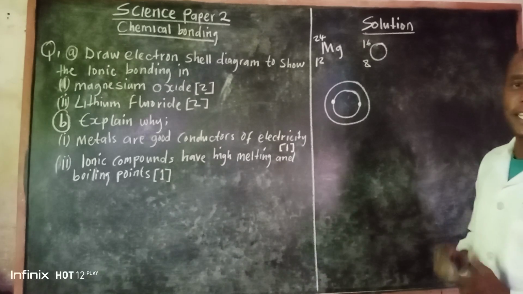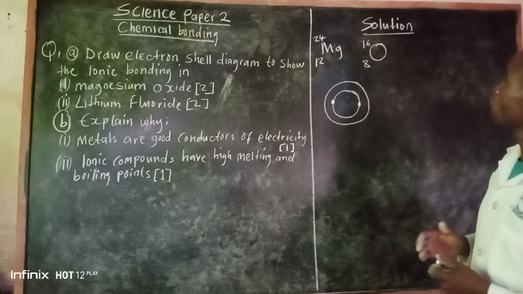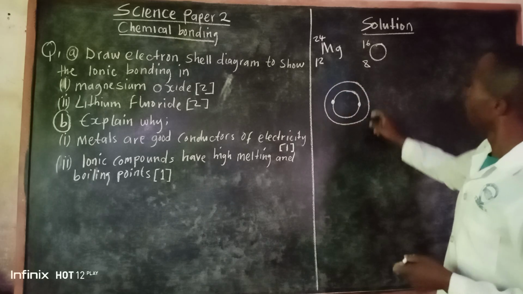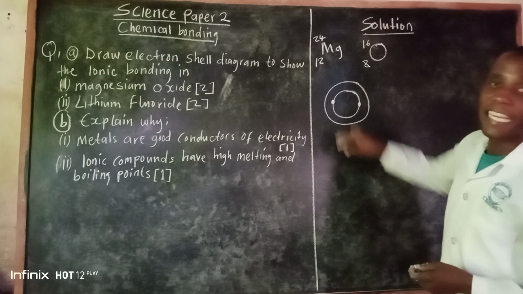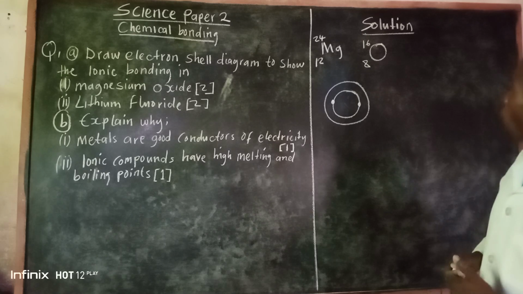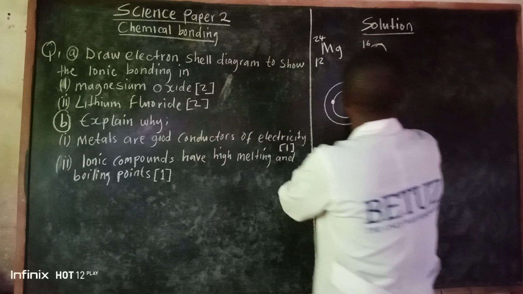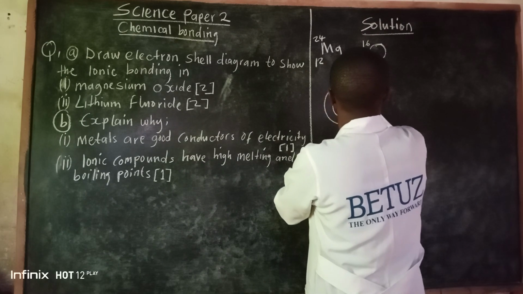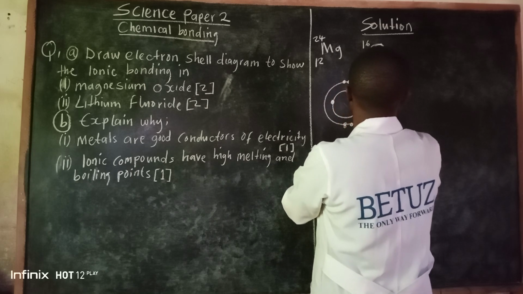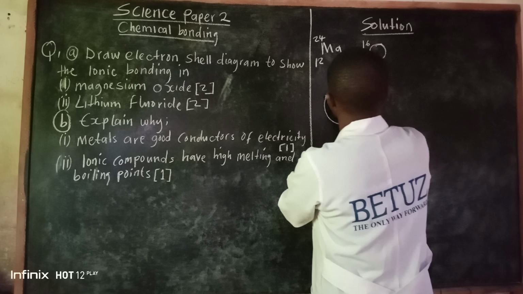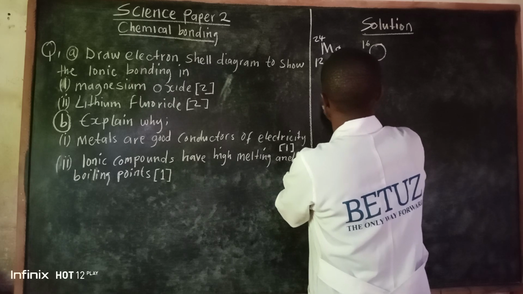So out of that 10 electrons, we are going to put 8 electrons on this second shell so that it can become stable or balanced. So we are going to put electrons here 2, here 2, here 2, the other side 2.